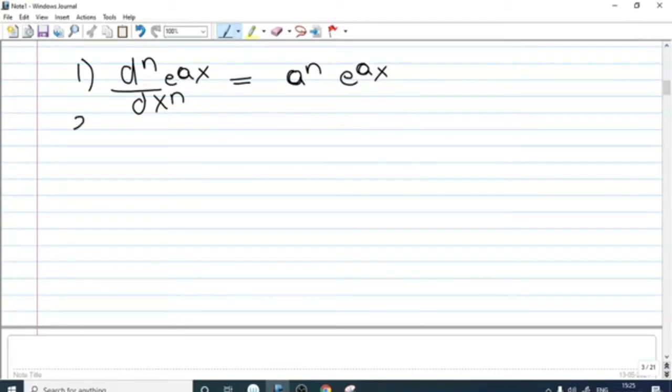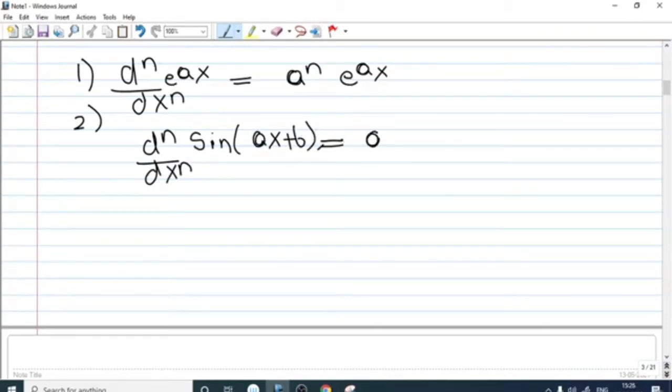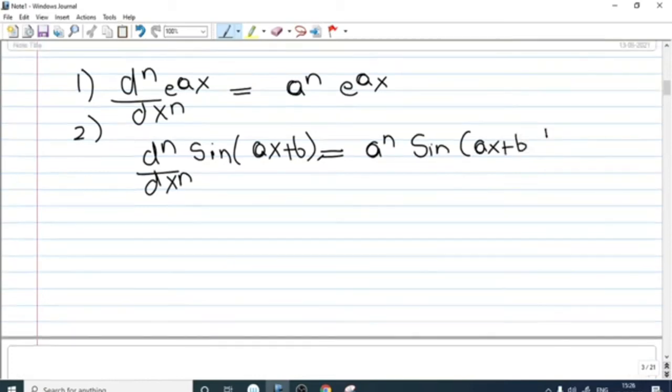Now the second formula: d power n by dx power n of sine ax plus b. Its formula is a power n sine ax plus b plus n pi by 2.